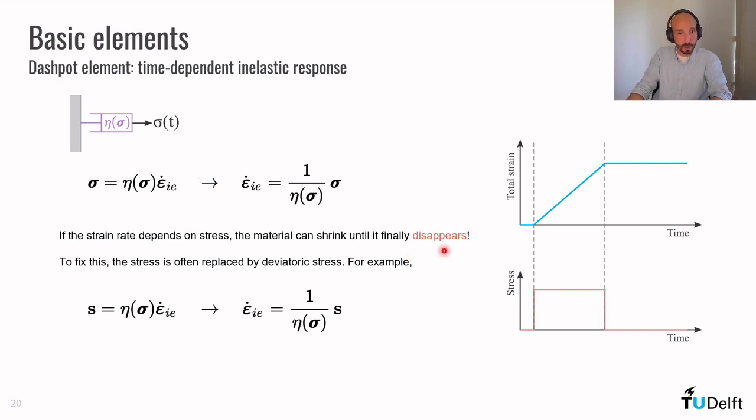So to fix this problem, we just replace the stress by the deviatoric stress. Whenever you have a stress, you compute the deviatoric stress, and then you can compute the strain rate of this dashpot. Okay, so this is a basic formulation of a dashpot.